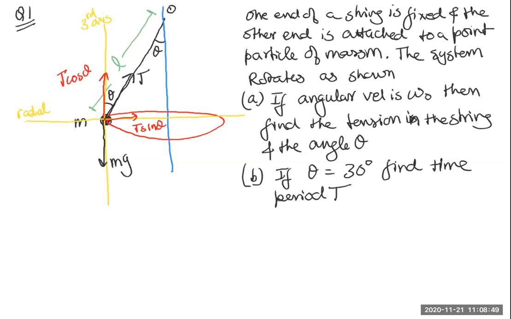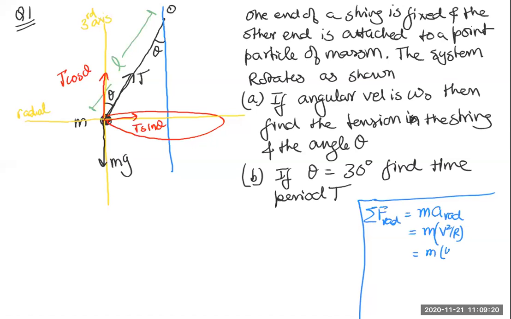Right? Now, once you have made the FBD and you have found the components of all the forces along your drawn axis, then you are supposed to write down three equations, right? And this I will write down separately as well, because this is what really is important. This is what you need to remember. Summation of forces along the radial axis will be equal to mass into radial acceleration, and radial acceleration is v square by r. Okay, radial, remember, is another word for centripetal.